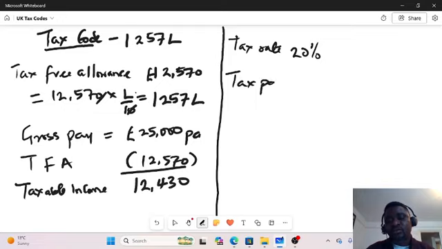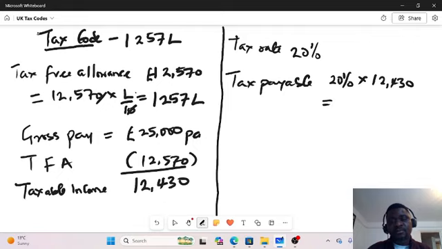So tax payable will now be 20% times 12,430. When you take 20% of 12,430, the annual tax payable is 2,486 per annum.